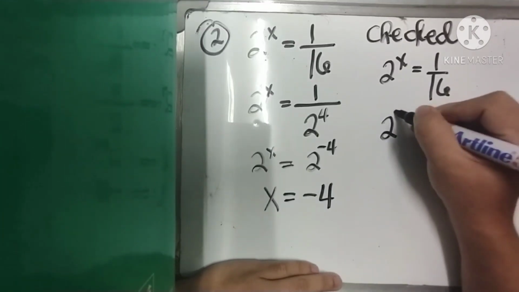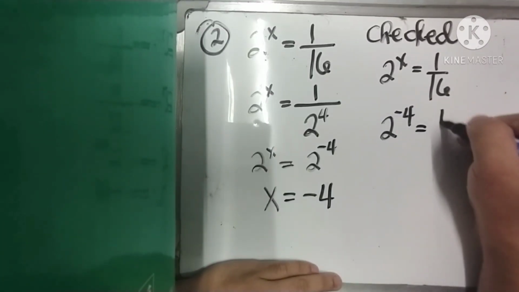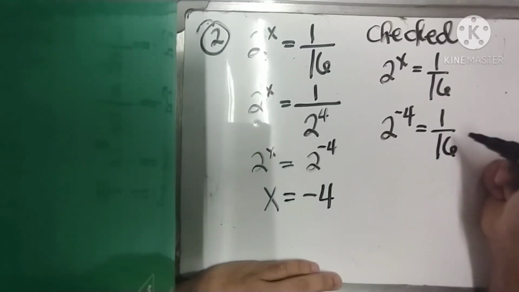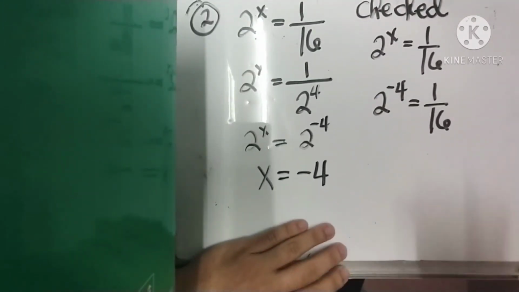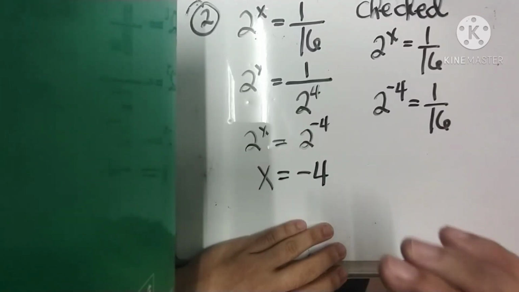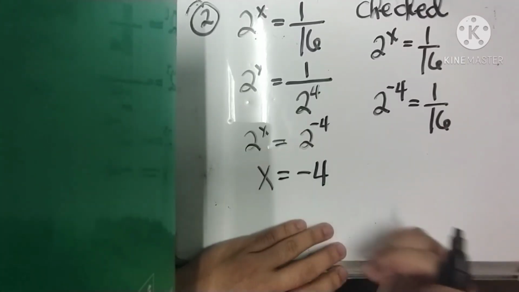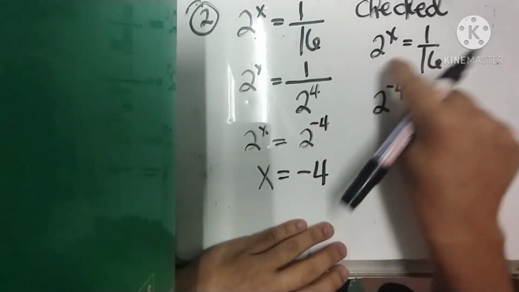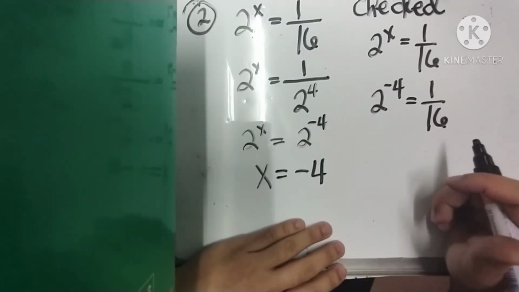So, 2 to the power of negative 4 is equal to 1 over 16. Now, 2 to the power of 4. We already know that based on the law of exponent, any number raised to a negative exponent will be written in fraction form, or we need to transform this one into fraction form.